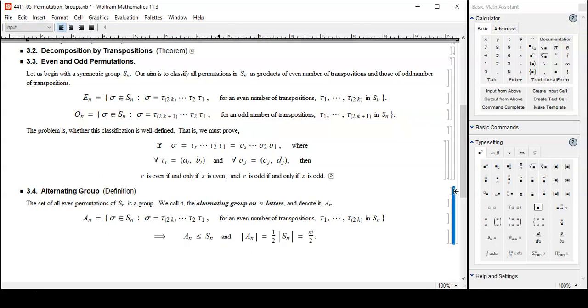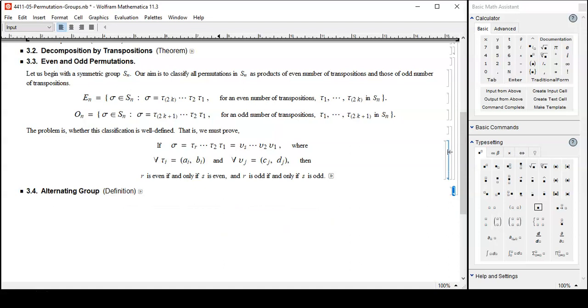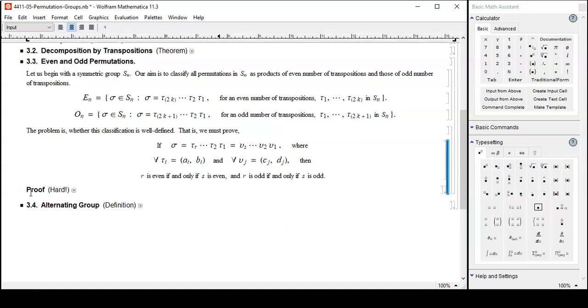Alternating group will turn out to be important in abstract algebra 2 when we do field theory and Galois theory. But for now, it's a bit too difficult, so I'm not going to come back to alternating groups in abstract algebra 1. Just remember the name. And for that reason, I'm not going to overemphasize this proof.